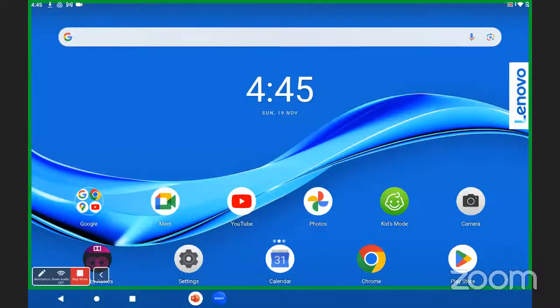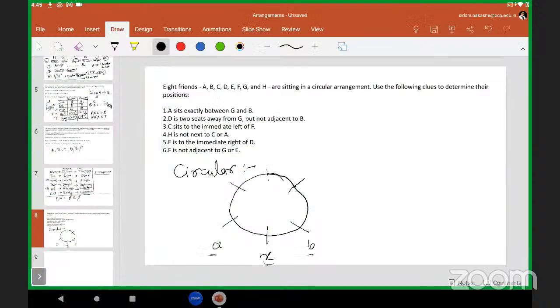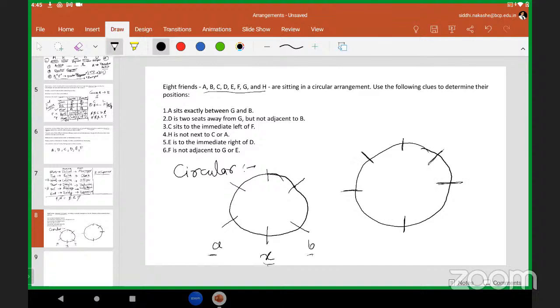So whenever we talk about circular arrangements, here there are 8 people. So now we can draw a circle like this. Fine. So now we have a circle like this.